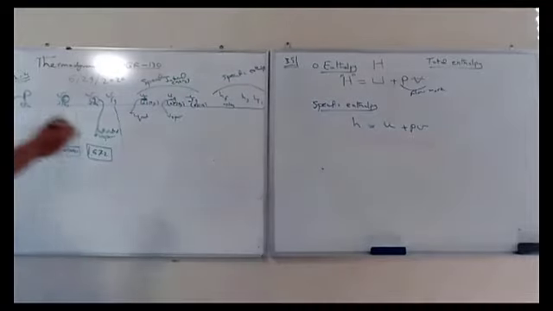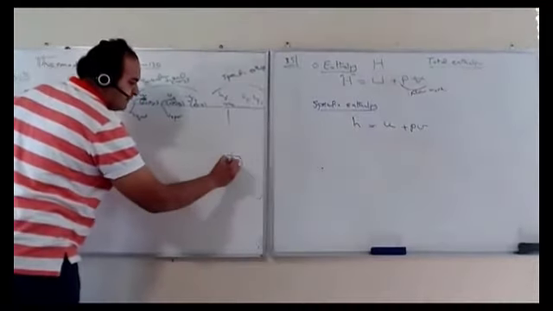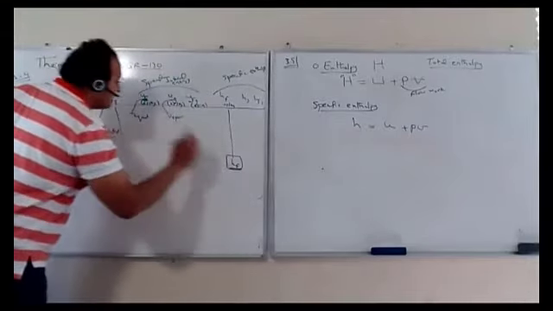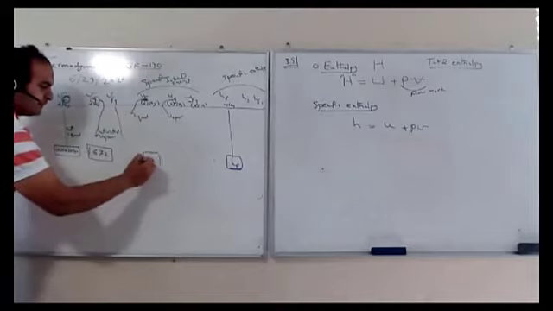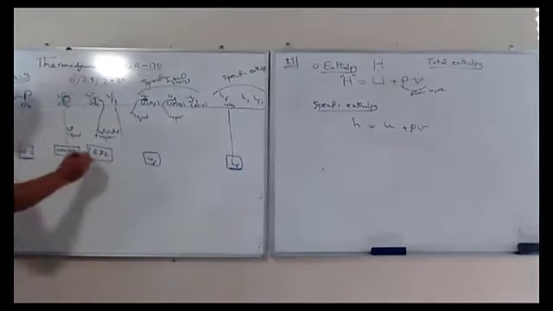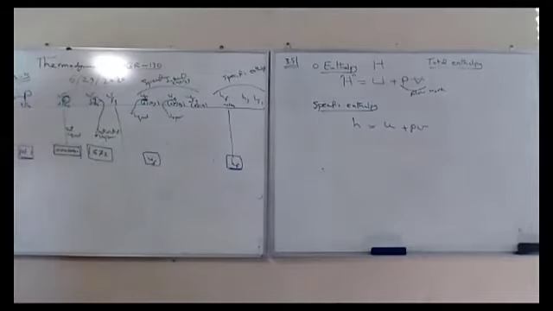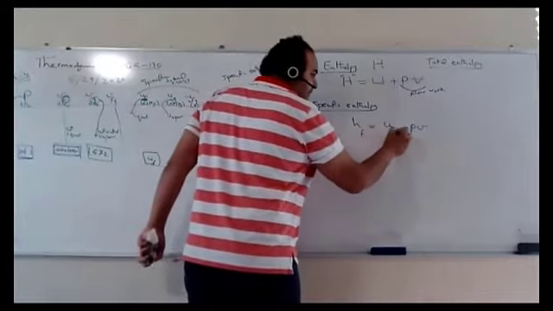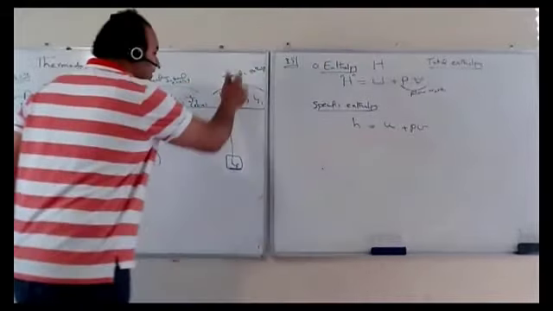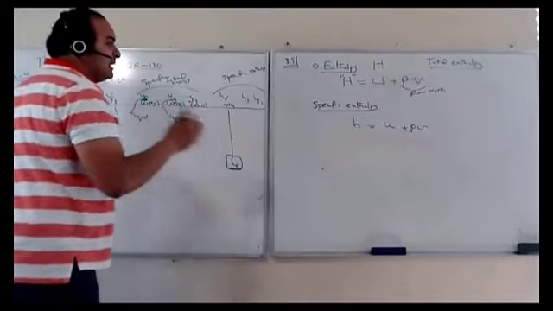For example, if you go to this value, HF, at this 100 Celsius, if you want to get this value, it is exactly UF plus P times V. So if you want HF, it's UF plus P VF. You're gonna get exactly the same value. So this column, actually, we don't need it, but it simplifies the calculation.